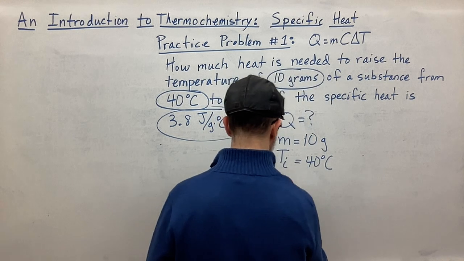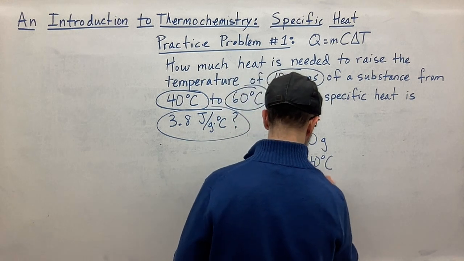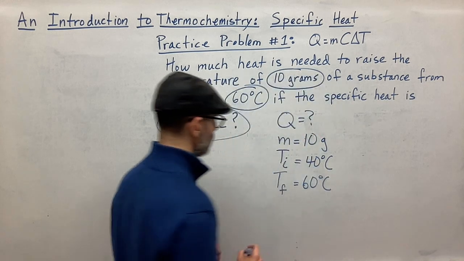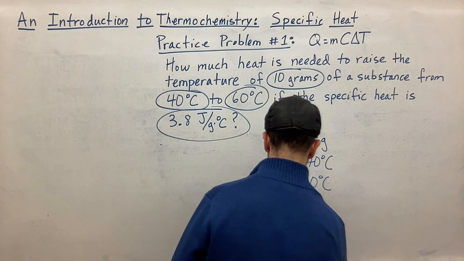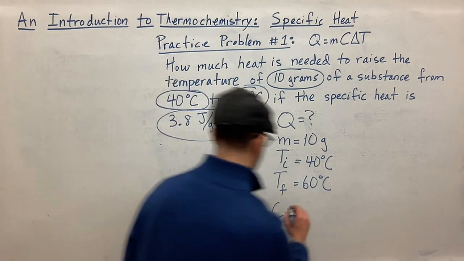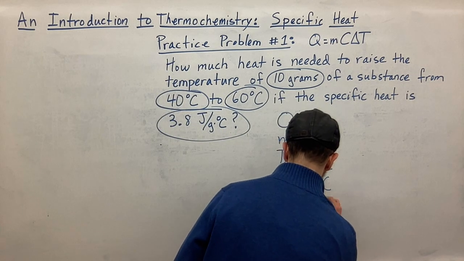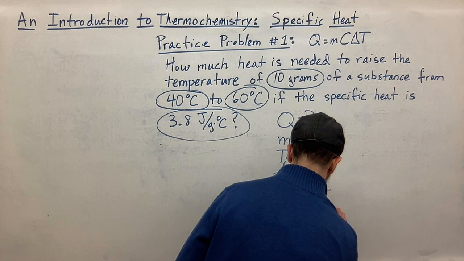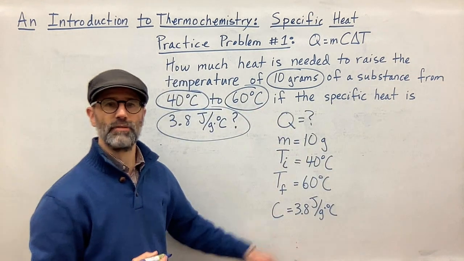And we know our final temperature, T sub F, that's 60 degrees Celsius. And we know our C, our specific heat, which is 3.8 joules per gram degree Celsius. So we've got our list of items.